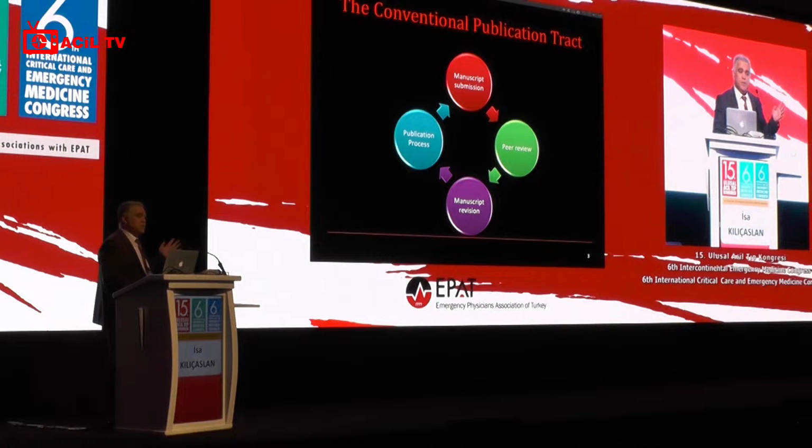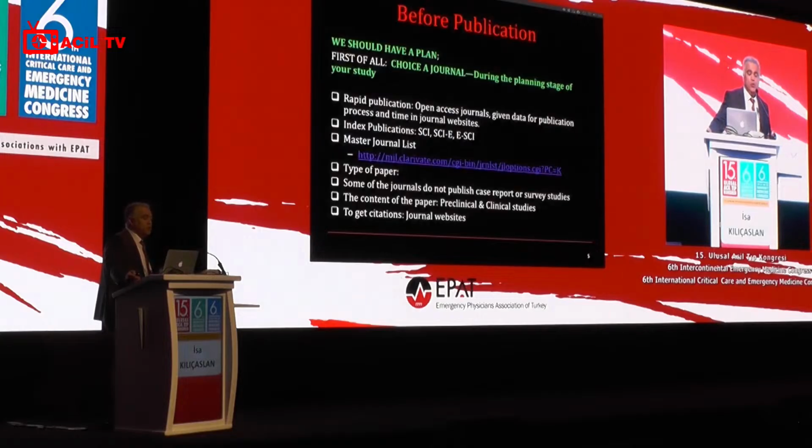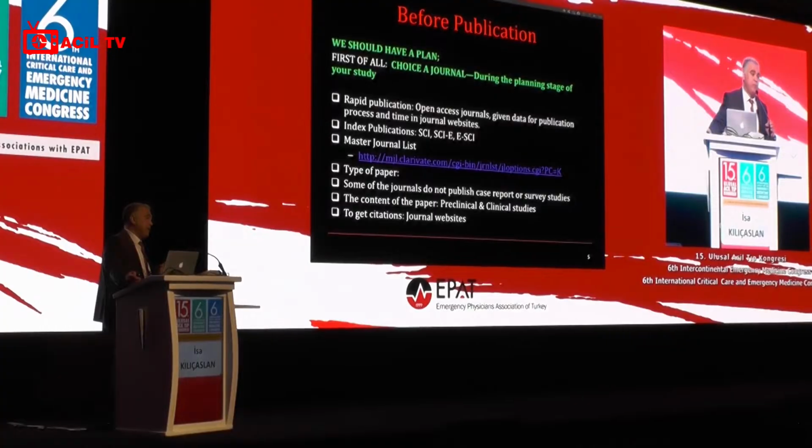These four steps may last more than 1 year, or for rapid publication, within a month you can easily publish your paper. So let's start with the stages of publishing a manuscript. Before publication, you should have a plan.